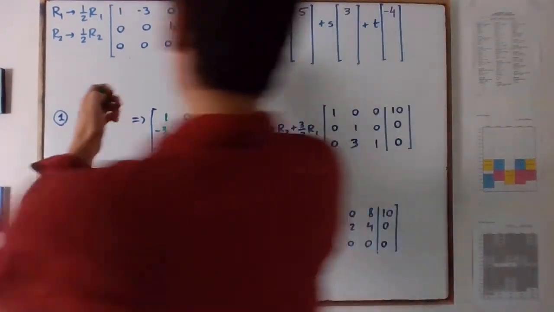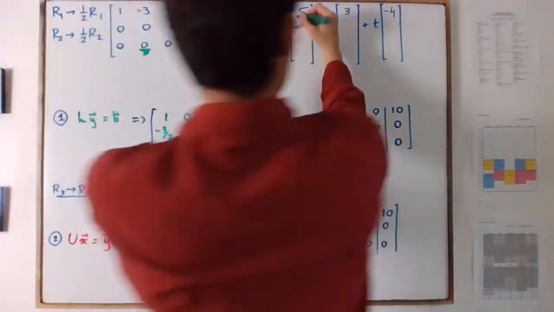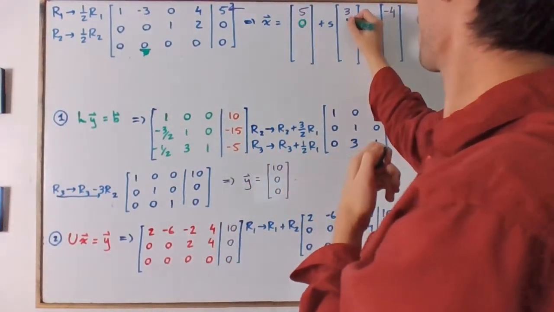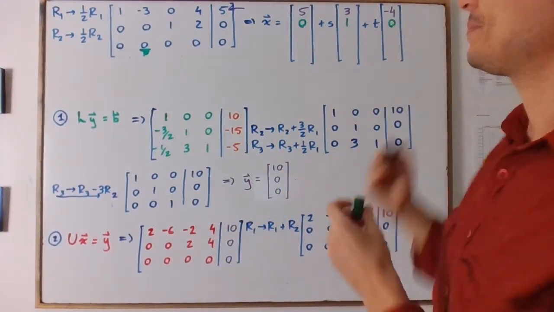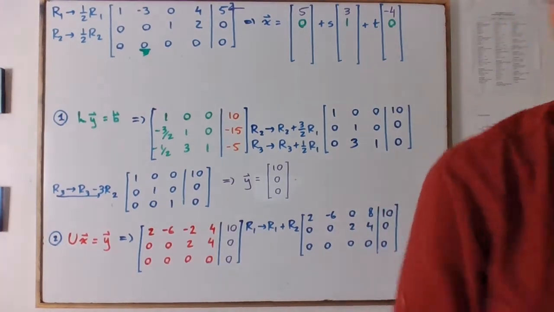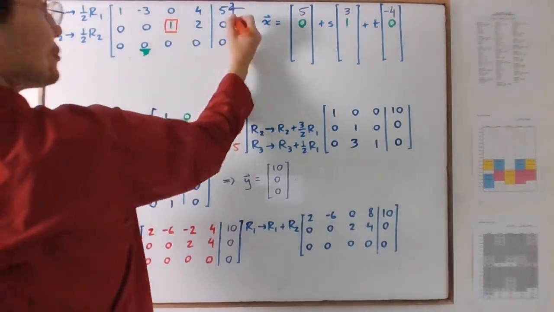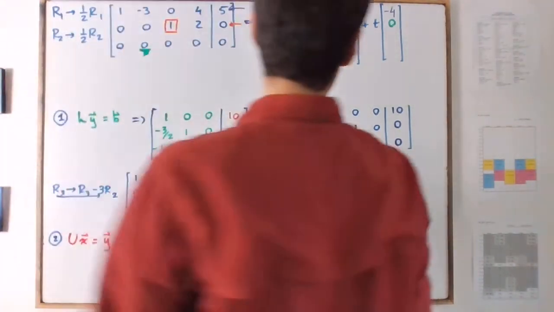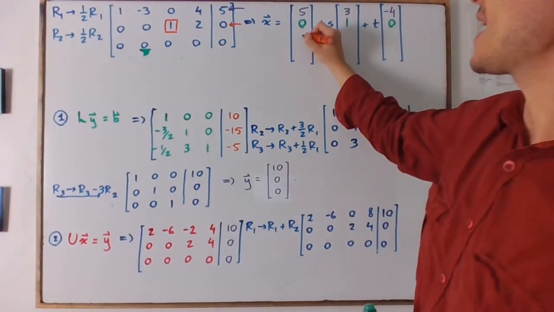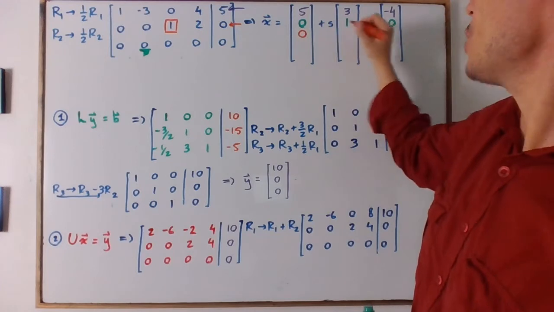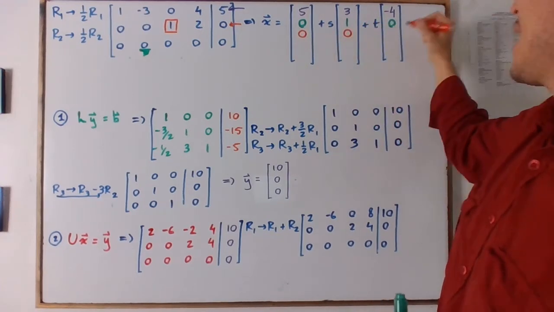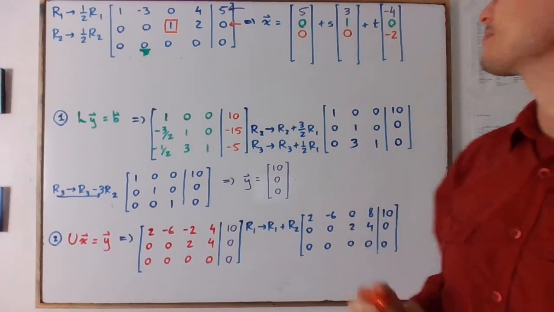So the second variable is a free variable, which means that we simply have 0, 1, 0. Then for the third variable, you need to read where the pivot is. Then you read the second row, in which you get 0, no s, so 0, and -2t.